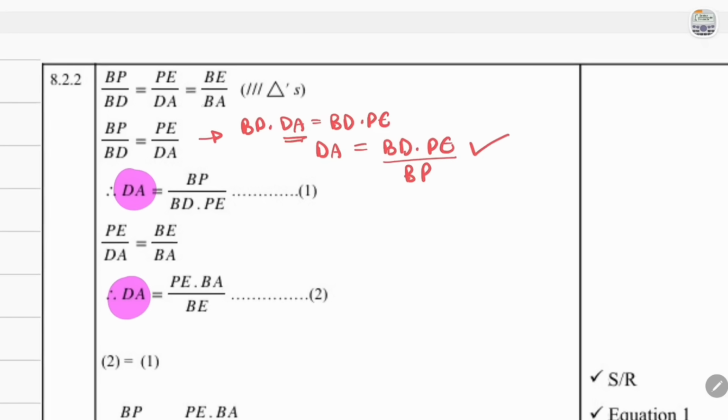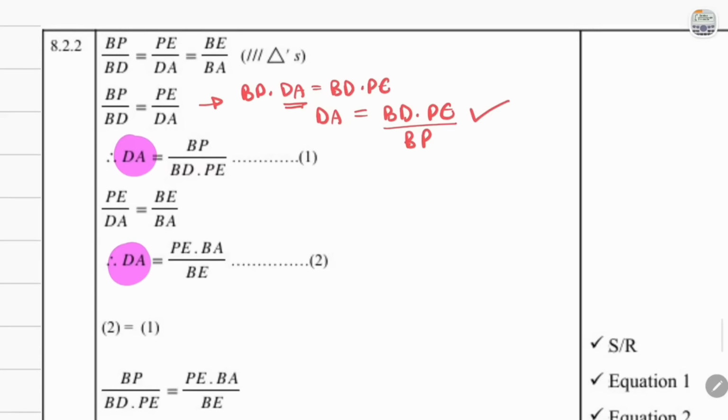They said PE over DA equals BE over BA. And then you see how they make DA the subject by leaving DA. So it's kind of like taking DA to this side, and so BE has to go there. What stays here on top would be PE, correct? What goes on the bottom is BE.